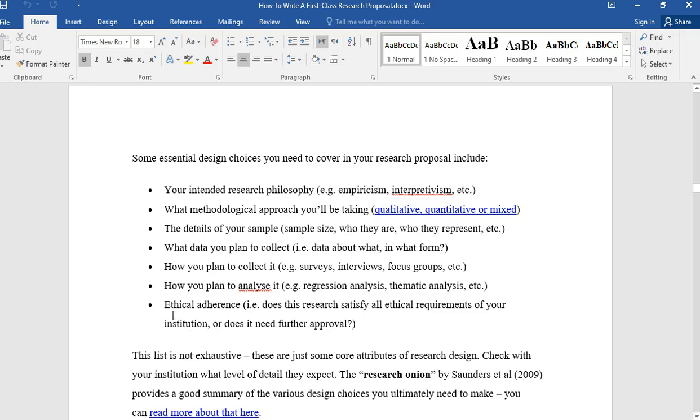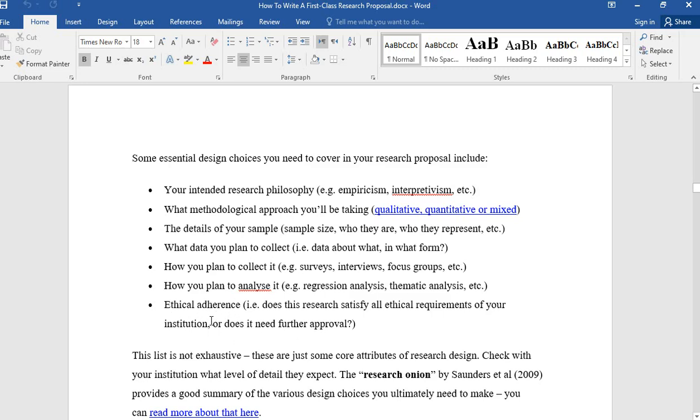And also in the research design, you have to talk about the ethical adherence. For example, does this research satisfy all ethical requirements of your institution, or does it need further approval?